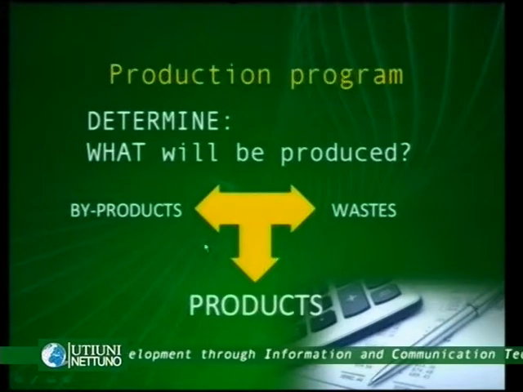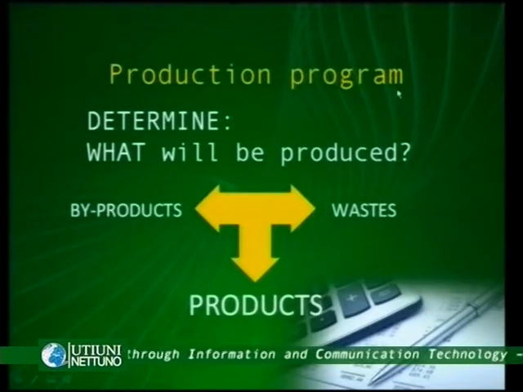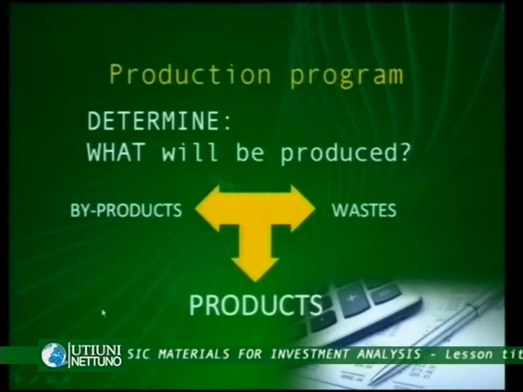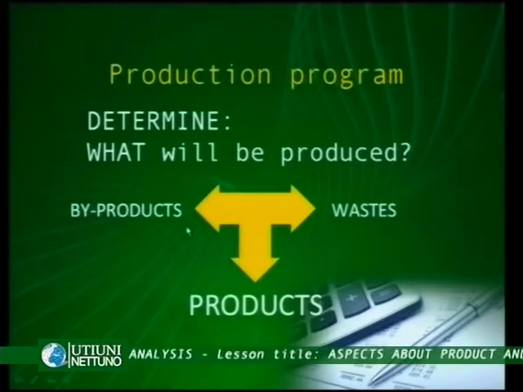Then we have the output in terms of production program determining what will be produced. So to recall an idea that we started from in the last class, it is not only about products, which is the central part of the production program by definition, but it's also about byproducts, its storage and its usage as well.